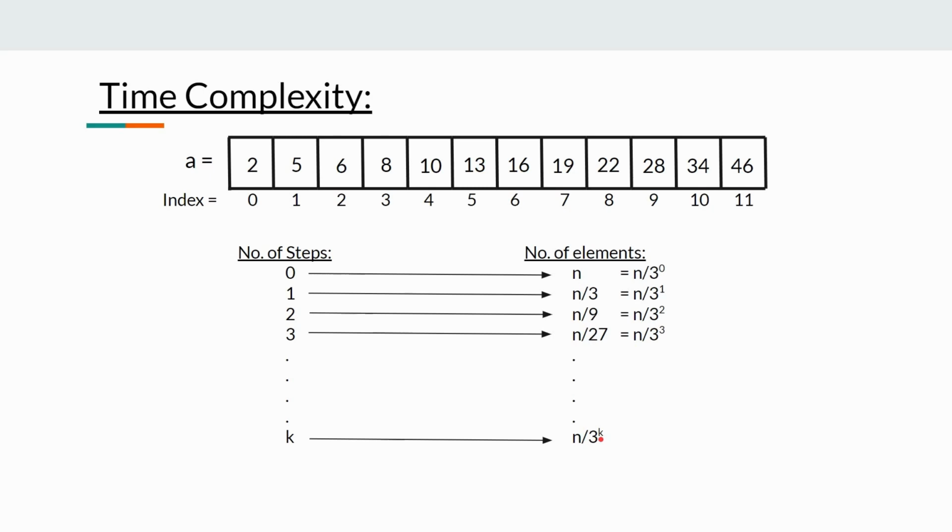Now, as we said, in the worst case scenario, when we find our answer, we have to go down to our one last element. We said in k steps we found our element, and that's why the algorithm stopped and there are no more steps after this. So the value n divided by 3 to the power k equals 1.